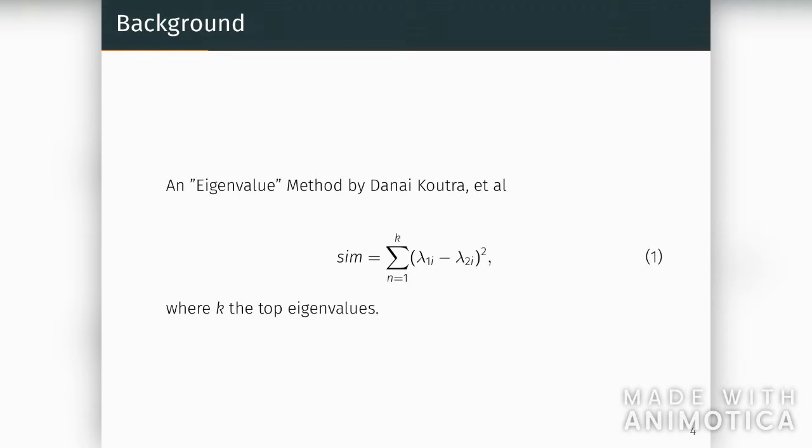Despite the fact that this is such a difficult procedure, many scientists try to tackle this problem. One method that implements this is the eigenvalue method proposed by Koutra et al. The authors of this method approach the problem using the eigenvalues of each graph. In particular, considering the Laplacians of the graphs, the similarity between the graphs is computed by calculating the eigenvalues of the Laplacians with the equation displayed on the screen.